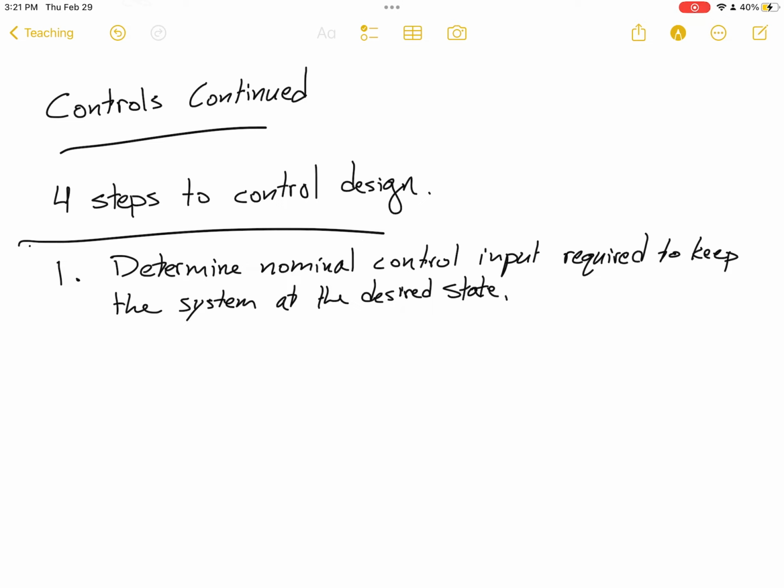So the question we're asking ourselves here is, in a perfect world, if our model is perfectly accurate and if there are no external disturbances, what is the force that I need to do what I want to do? And you can usually determine that just with math, right?